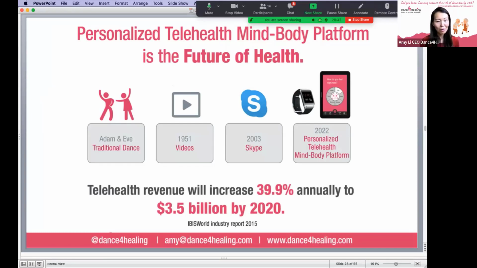We all dance when we're babies in diapers, right? When you play the music, you see the baby start bumping their head. And it took centuries to invent videos, another 50 years to invent Skype. And now in 2022, especially after COVID, I declare personalized telehealth, my body platform, is the future of health.